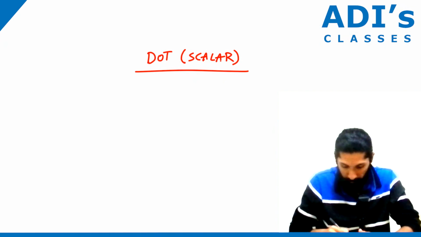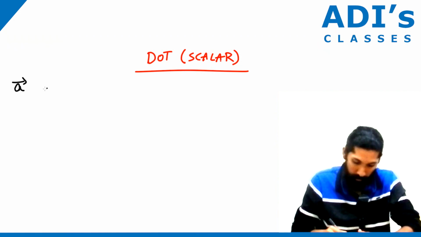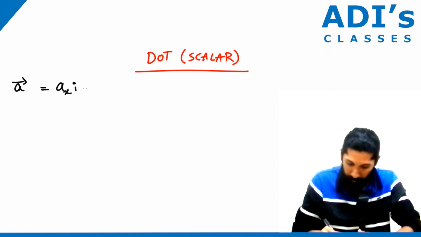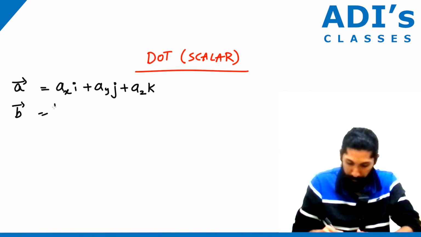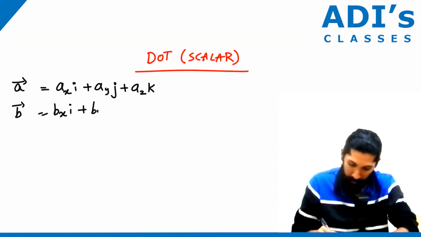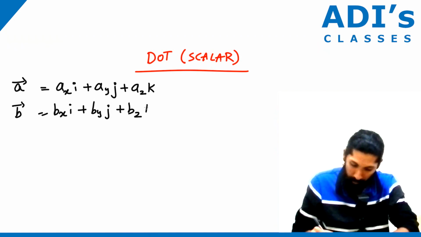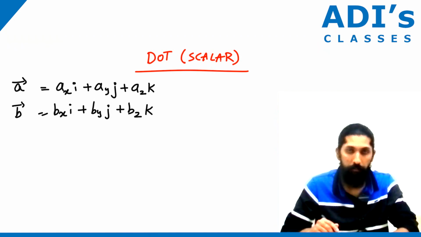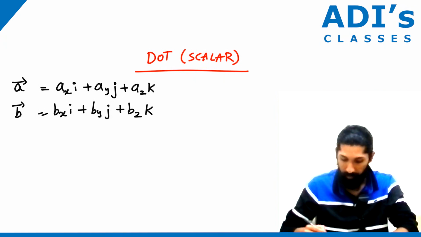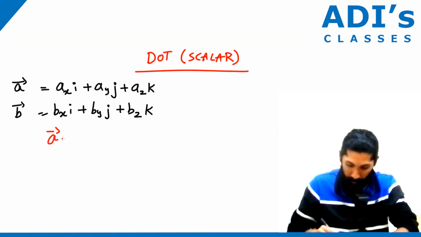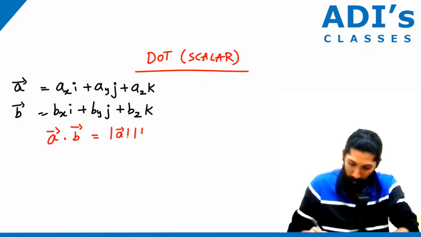Suppose we have vector A equal to ax i cap plus ay j cap plus az k cap, and let's say vector B is equal to bx i cap plus by j cap plus bz k cap. Let's say you have two vectors A and B. The dot product between these two vectors is defined as vector A dot vector B is equal to mod of A into mod of B into cos theta.